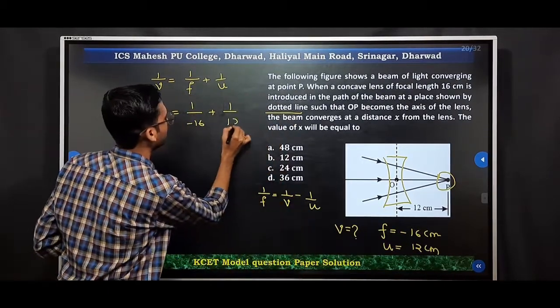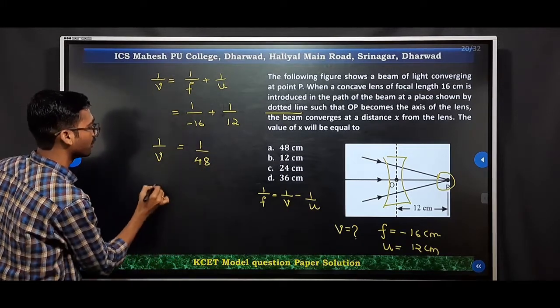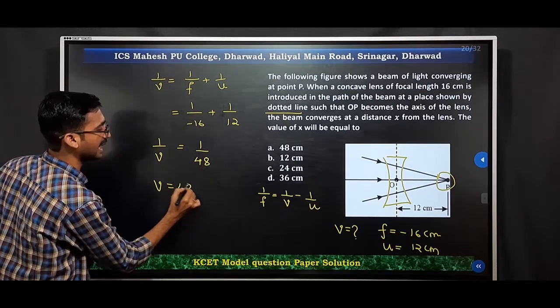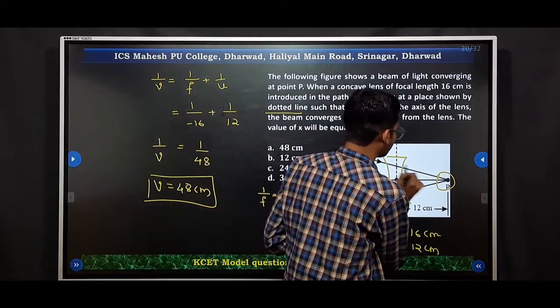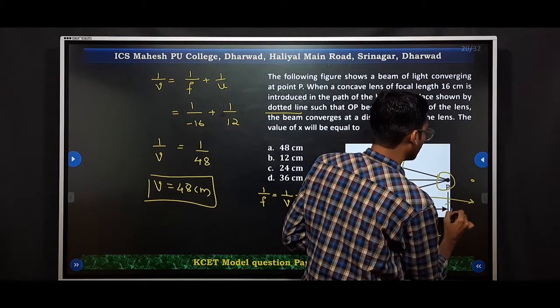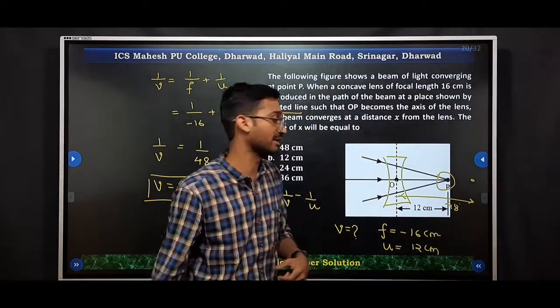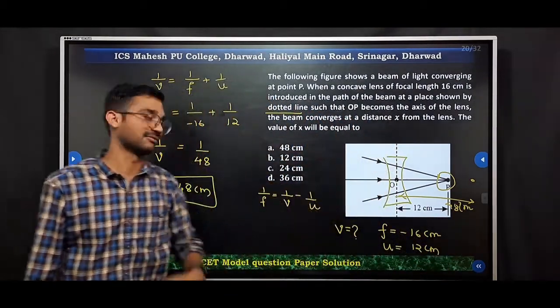Yes, it will be 1 by 12. On solving this, we get 1 by 48. Therefore, we have here 48 centimeter. Means the image will be formed somewhere at this position, at this side only. At how much? 48 centimeter, that is 48 centimeter from the optic center of the lens.